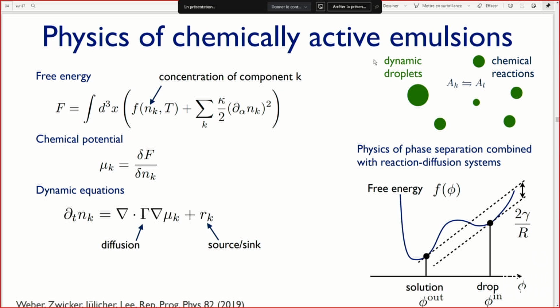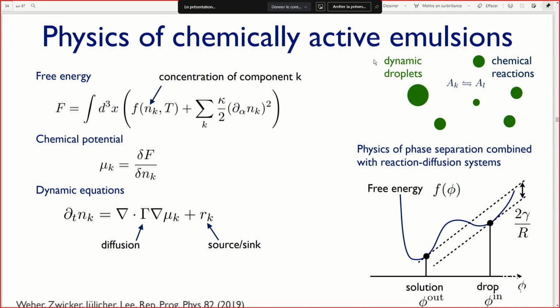At equilibrium, these chemical potentials are equal everywhere. This can also happen with coexisting phases, where the chemical potential is the same inside and outside. But as the system goes out of equilibrium, you have gradients of chemical potential, and they drive diffusion fluxes and transport of molecules in the system.